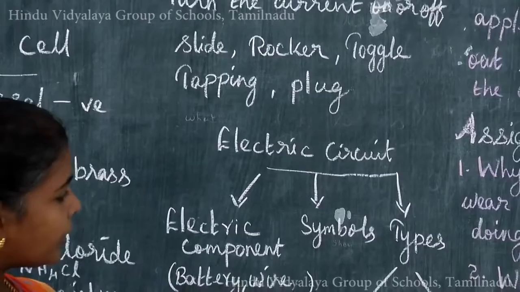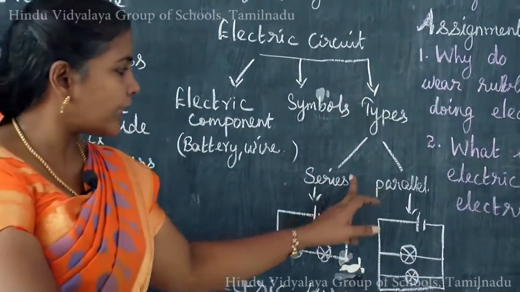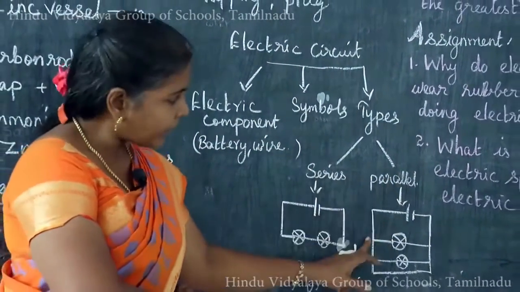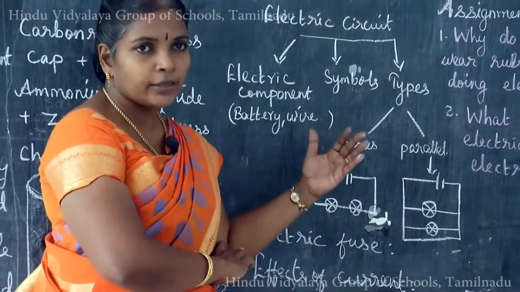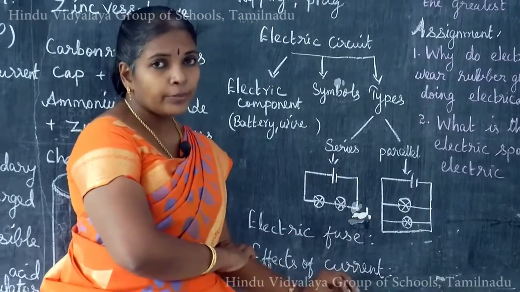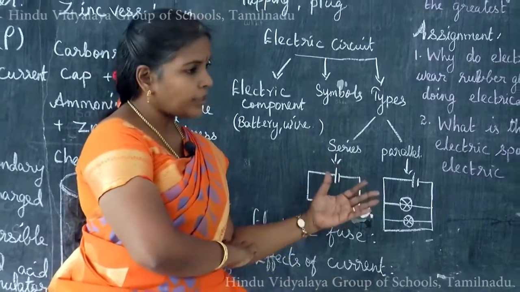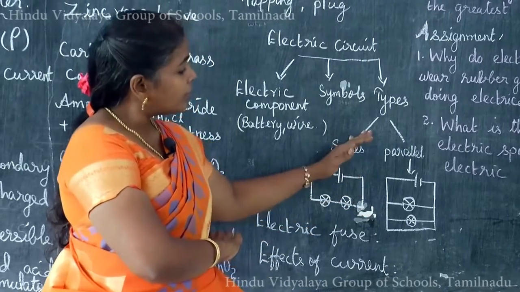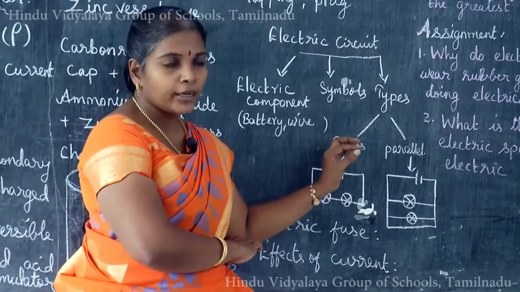In closed circuit current flows through that circuit, and there are two types of connections, series and parallel. The next, electric fuse. Nowadays instead of electric fuse, mostly we are using a circuit breaker. Then effects of electric current, the heating element is made of nichrome. Nichrome is an alloy of nickel, chromium and iron.